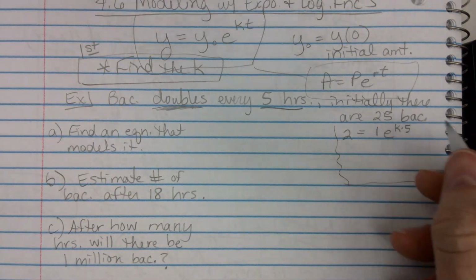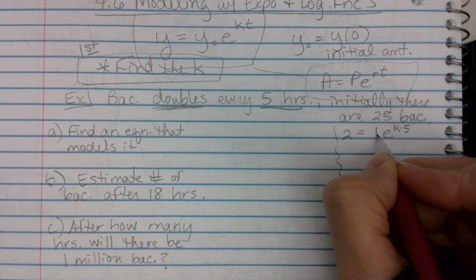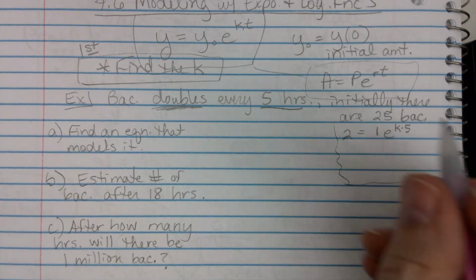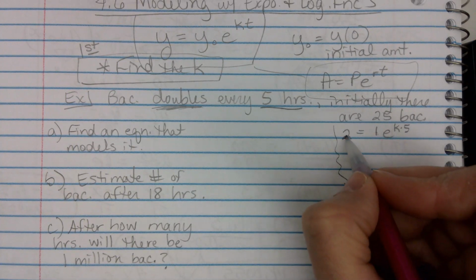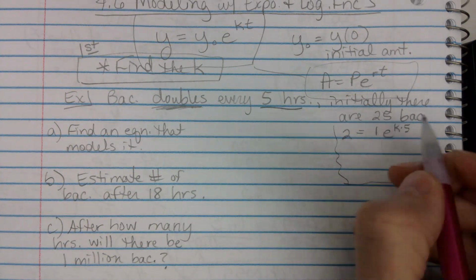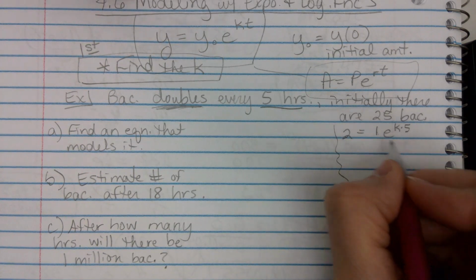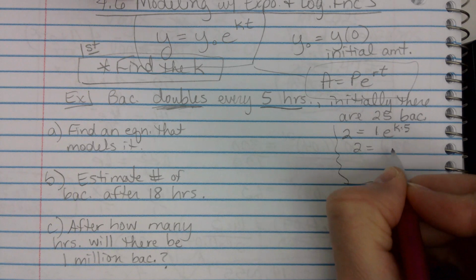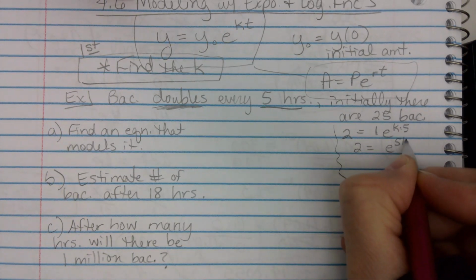Literally, this is how I start out. If it's doubling, I start out with 1 and end with 2. If it's a half-life, I start off with 1 and end with a half. So what do I do now to solve for that k that's in the exponent? ln.